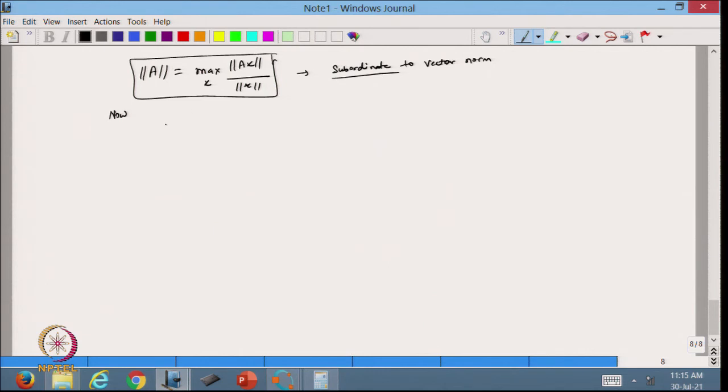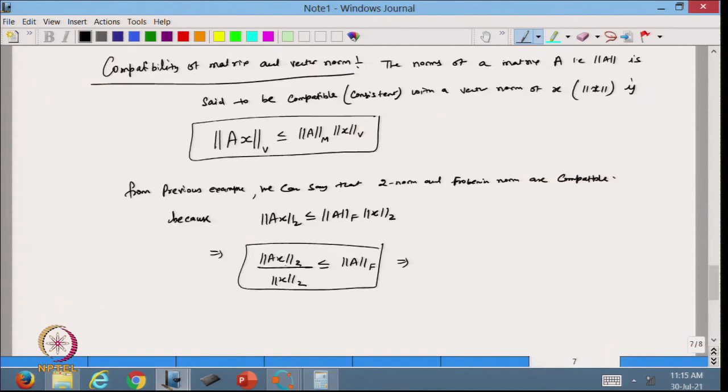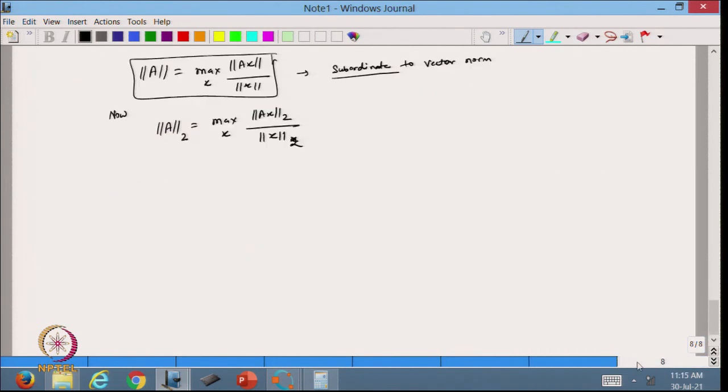So what is this norm? Now, suppose I take 2 here. So this is equal to the maximum over x of the 2 norm of Ax over the 2 norm of x. From this value I can define the 2 norm of a matrix.